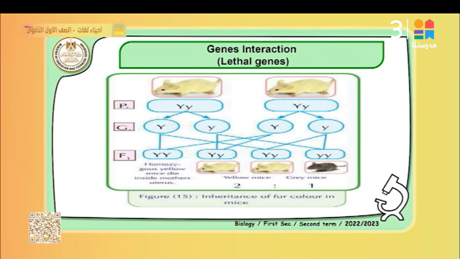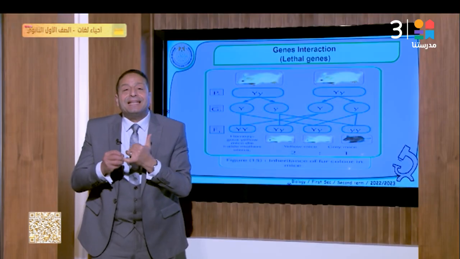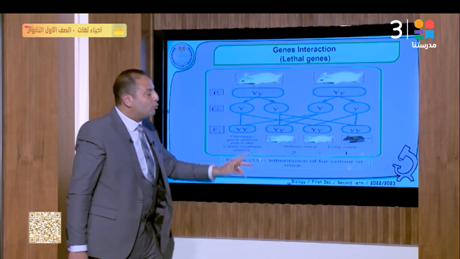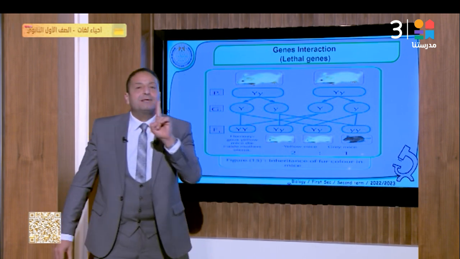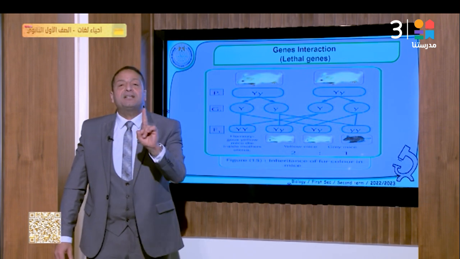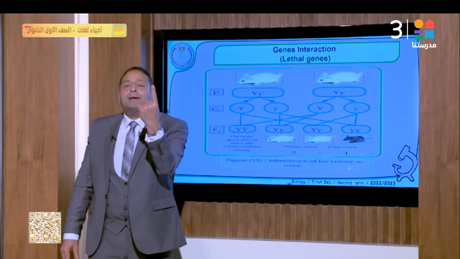Okay? Pay attention, please, and focus on this point. What is the percentage between the phenotypes in the dominant lethal gene and the recessive lethal genes? These are the 2 phenotypes, yellow and gray. But in the recessive lethal gene, only 1 phenotype.